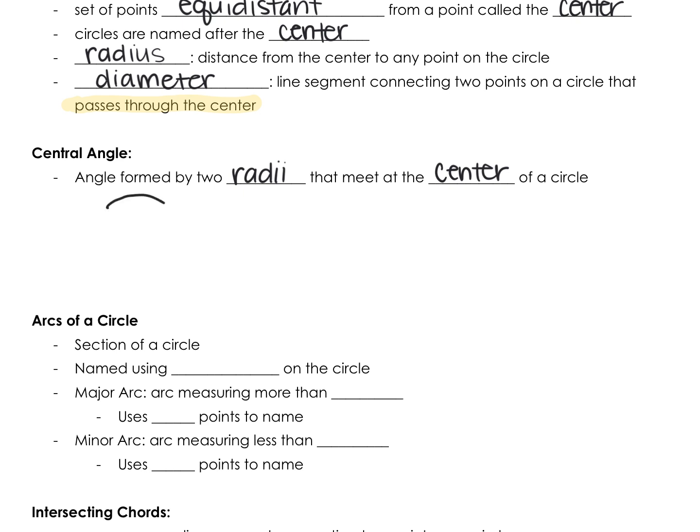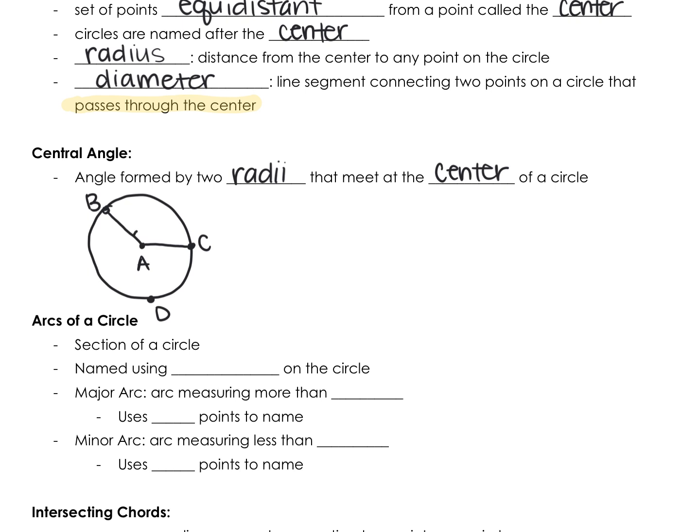So for example, I'm going to draw a circle here. I'm just going to go ahead and name it circle A. And I'm going to put some points on my circle. I'll call them B, C, and D. So I'm going to create an angle with my radii BA and CA.